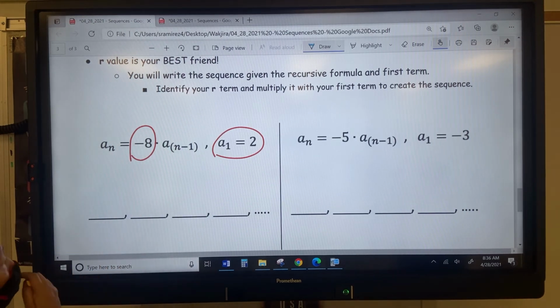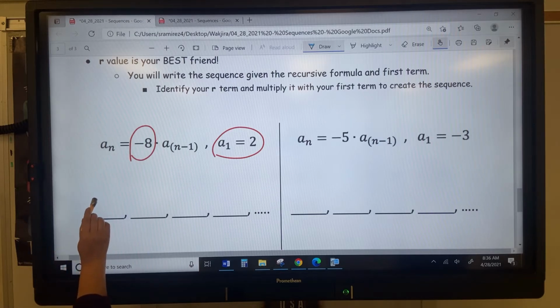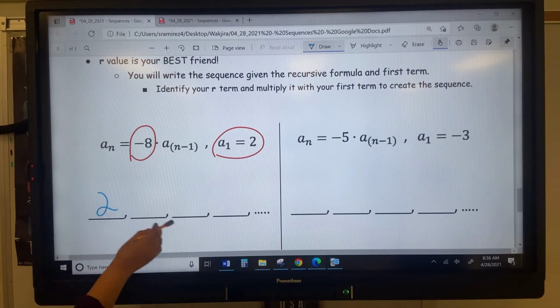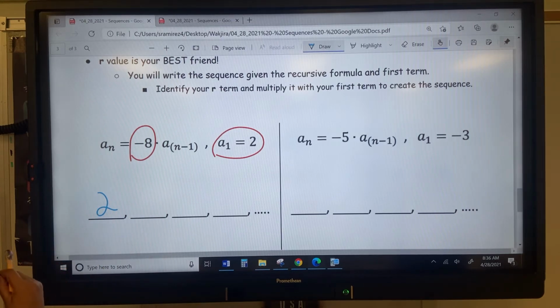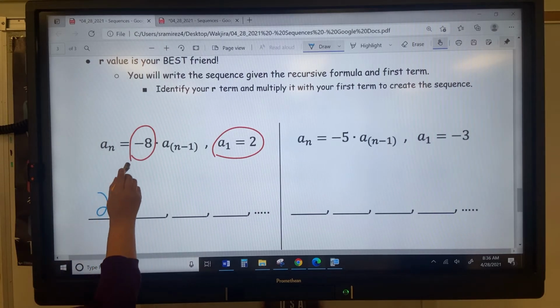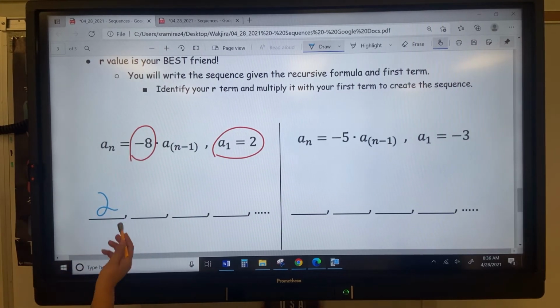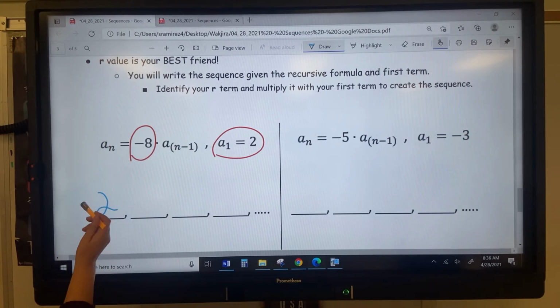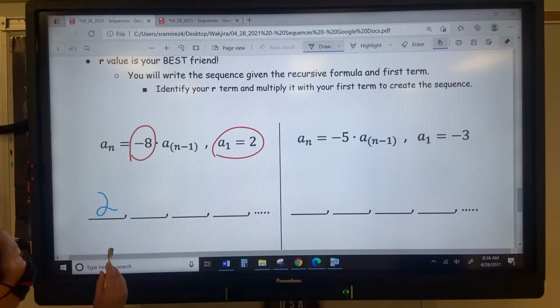So we have our first one, that is 2. Then in order for us to find the next one, what do we do? We have the first one, so we have our R. R is always multiplication, so we multiply this number by R.